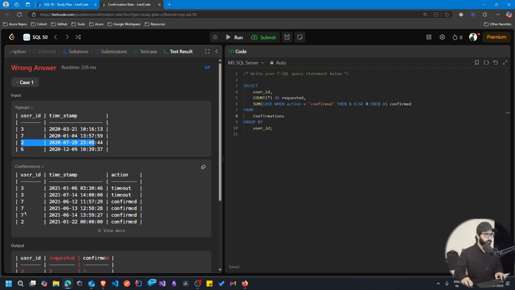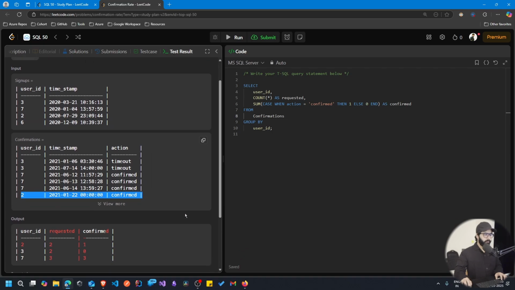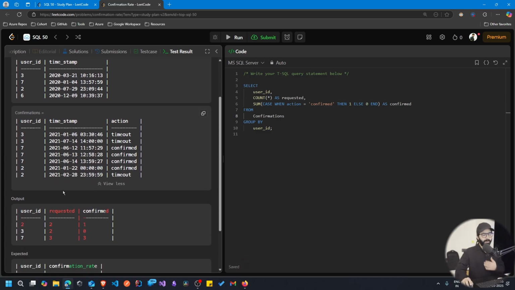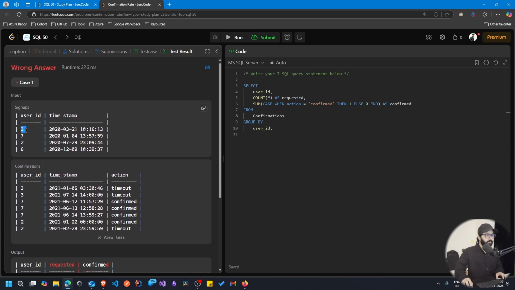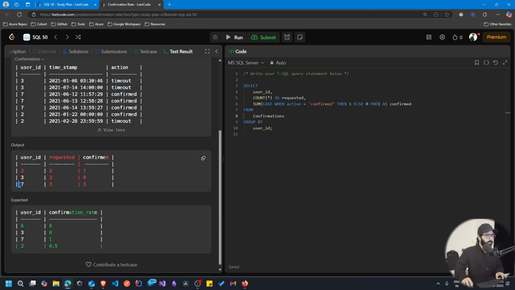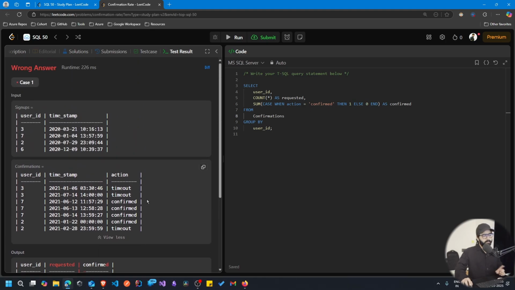User 2, no, 2 requested only 1 time. How did 2 request 2 times? Oh, yeah, sorry, my bad. So yeah, 2 requested 2 times, 1 confirmed, 1 timeout. Cool. And 3 requested 2 times with 0 confirmed, and 7 requested 3 times and 3 were confirmed.